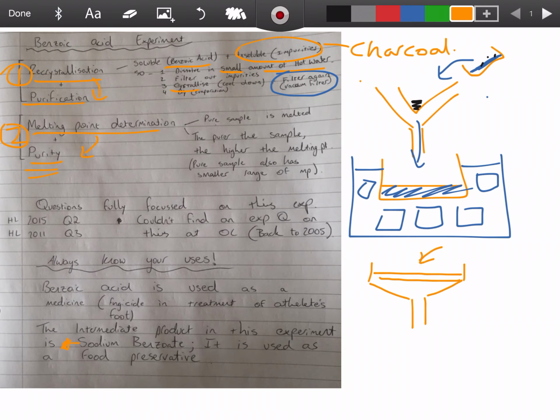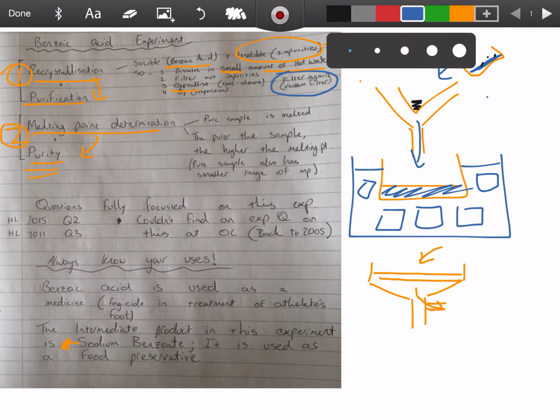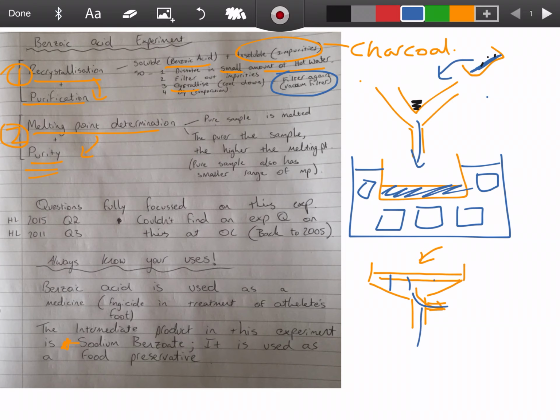That's hooked up to a vacuum pump, which draws air out, so it sucks as much of the water as we can out of the sample and down through the vacuum. That's also drying out the sample somewhat, so the benzoic acid, which I'll do in green here, is drying out as best we can.